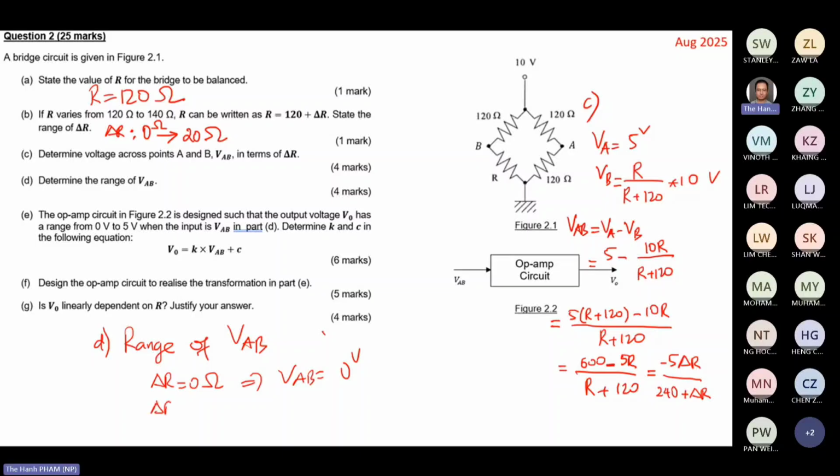But when your delta R is 20 ohm, your VAB is minus 5 times 20 over 240 plus 20. So this one is minus 100 over 260, right? So this one is minus 5 over 13.